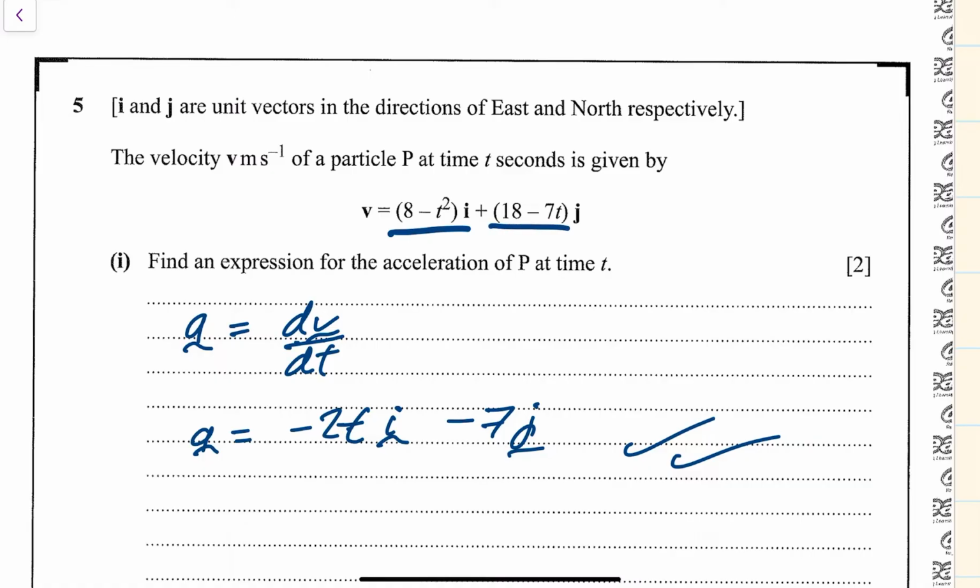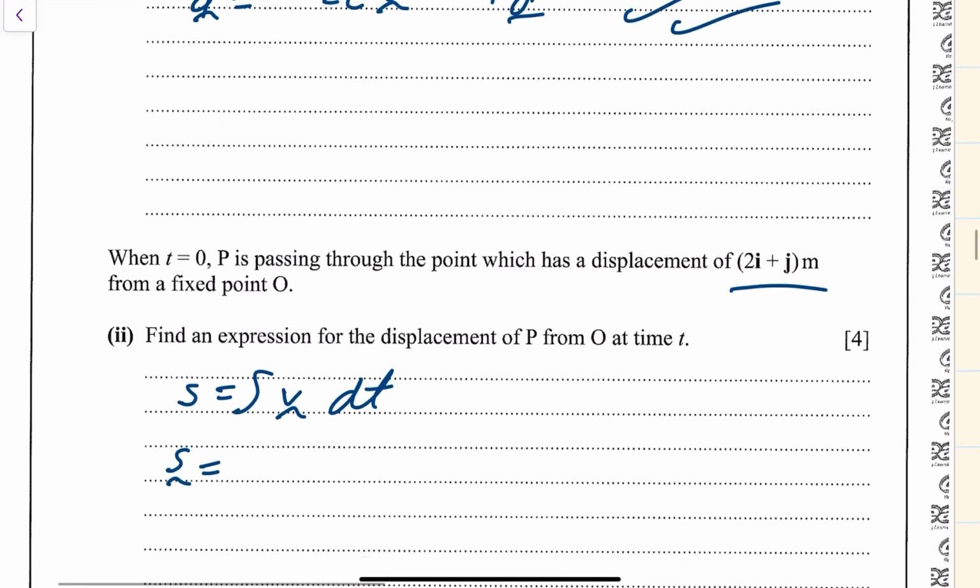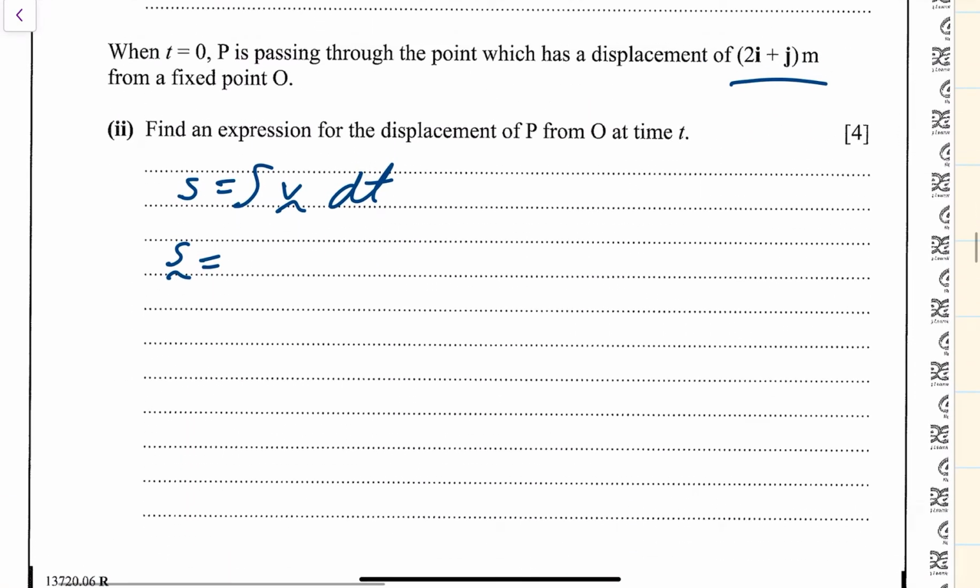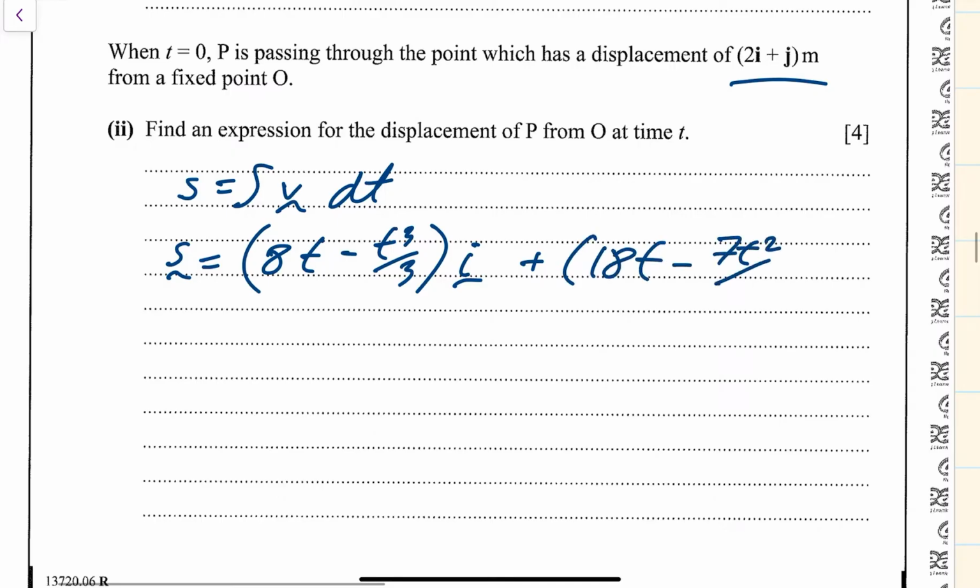Integrate this bit, you'll get 18t minus 7t squared over 2. So that's 8t minus t cubed over 3 i plus 18t minus 7t squared over 2 j plus, and this is a vector constant here, because there could well be i bits and j bits, we will soon see.